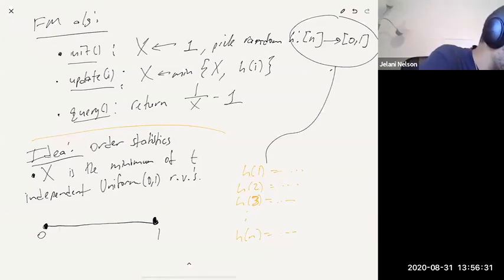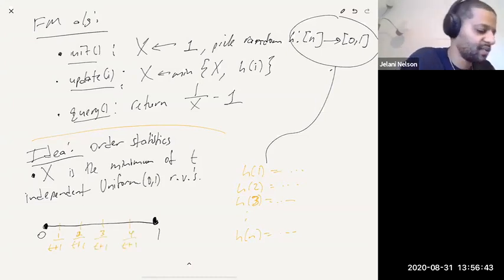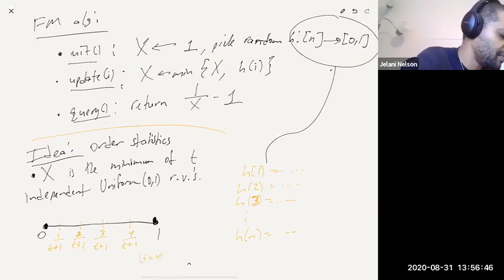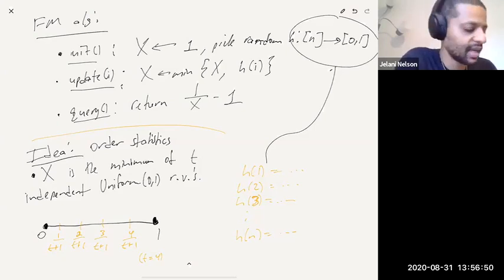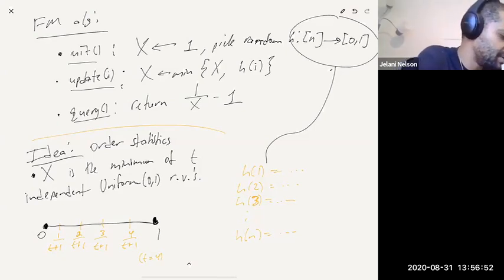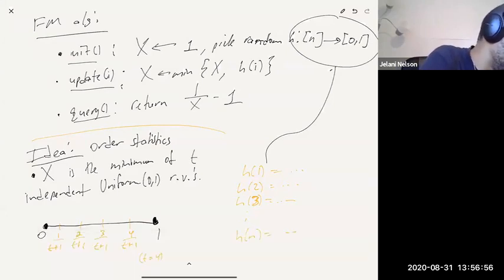So there's something like this. This one here is going to be roughly 1 over t plus 1, 2 over t plus 1, 3 over t plus 1, and 4 over t plus 1, here where t is 4. So 1/5, 2/5, 3/5, and 4/5, if you had 4 distinct elements in the stream. So you expect the minimum to be 1 over t plus 1, right?